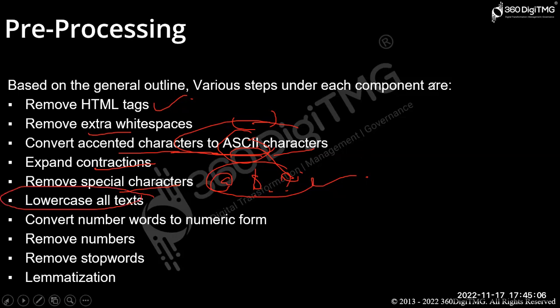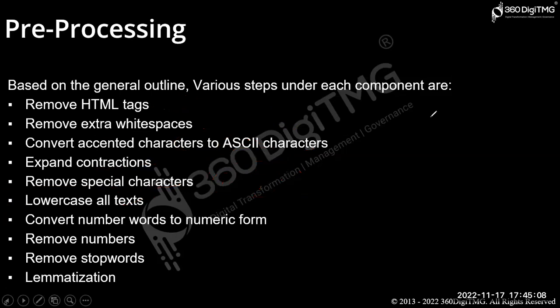So why are we doing the lowercase? In NLP text mining, while we are doing the text mining, what happens? Let's say apple. This is one word, and if you are using a small apple, in that case also it is a very different word. This is one word and this is one more word.